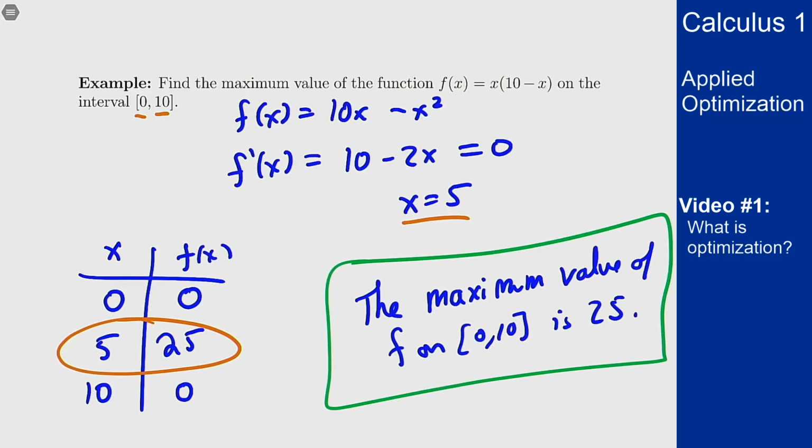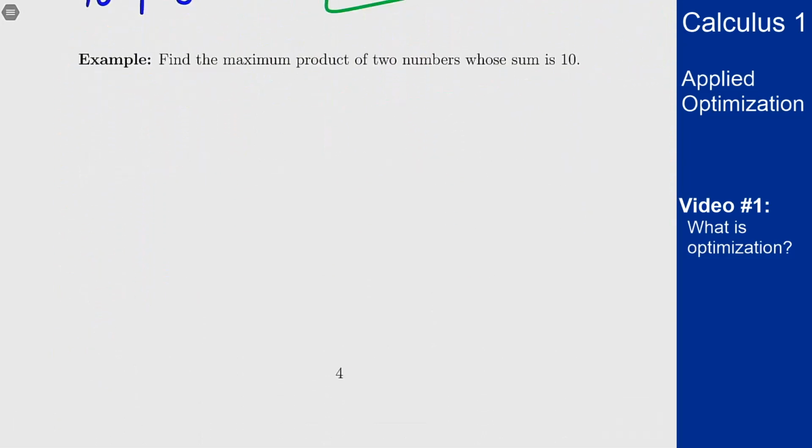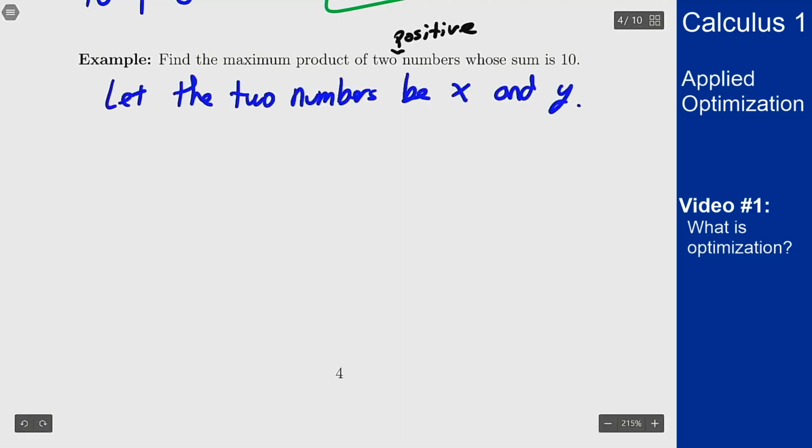Now let's look at another similar problem. Find the maximum product of two numbers whose sum is 10. And here, we only really want to consider positive numbers, because if either number is negative, the product's going to be negative, so it doesn't actually affect our problem. So what do I want to do here? Well, if I call my two numbers x and y, what do I actually want to do? Well, I want to maximize the product x times y.